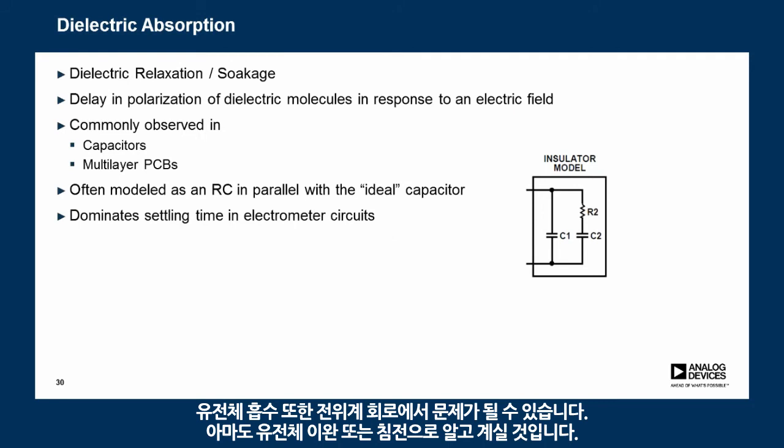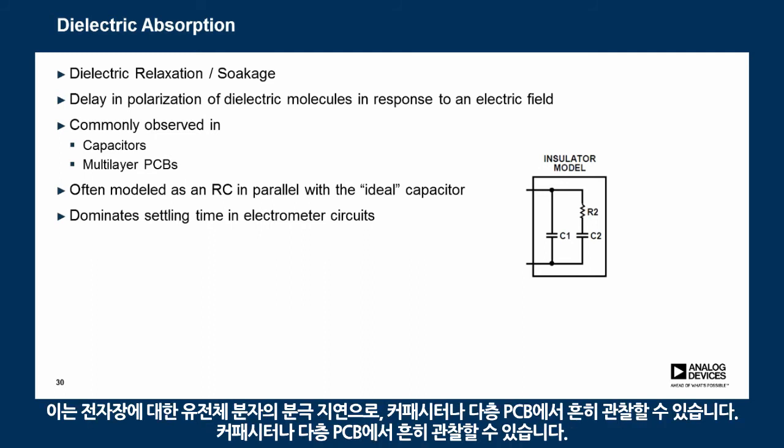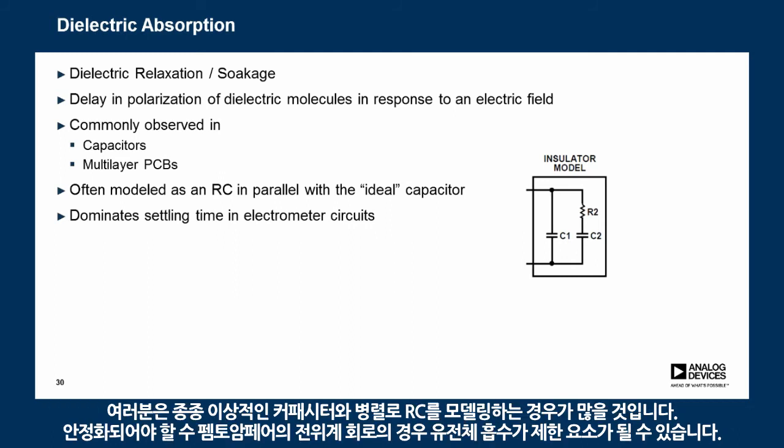Next, dielectric absorption could be an issue too for electrometer circuits. You would probably know this as dielectric relaxation or soakage, and it's the delay in polarization of dielectric molecules in response to an E-field. You would commonly observe it in capacitors or multi-layer PCBs, and you often model it as an RC in parallel with an ideal capacitor.